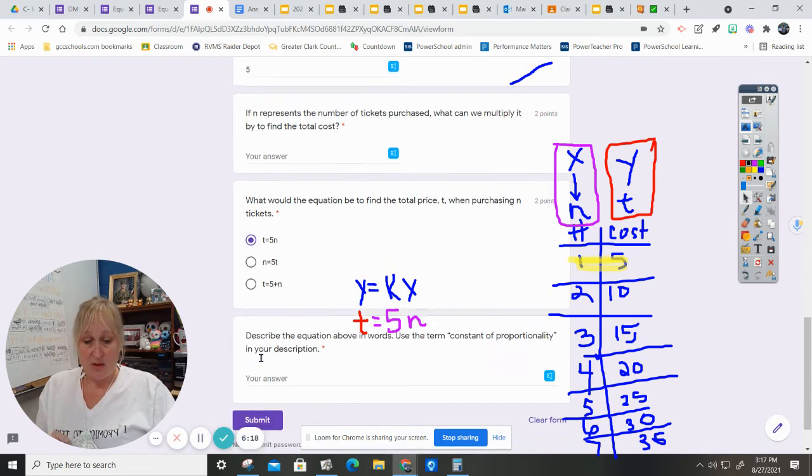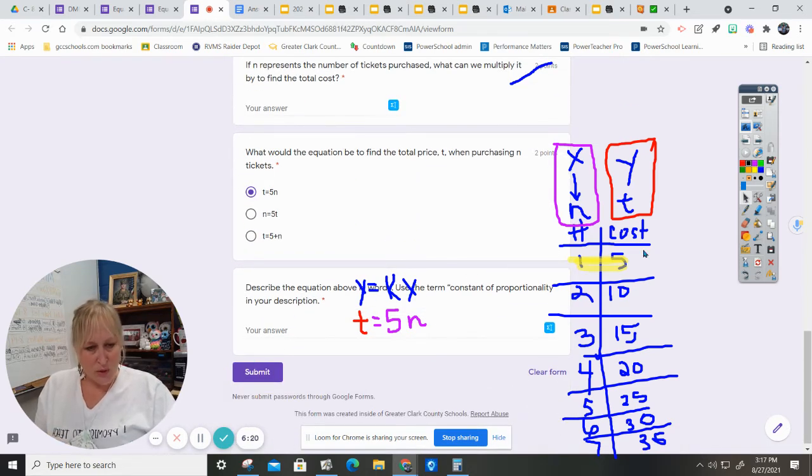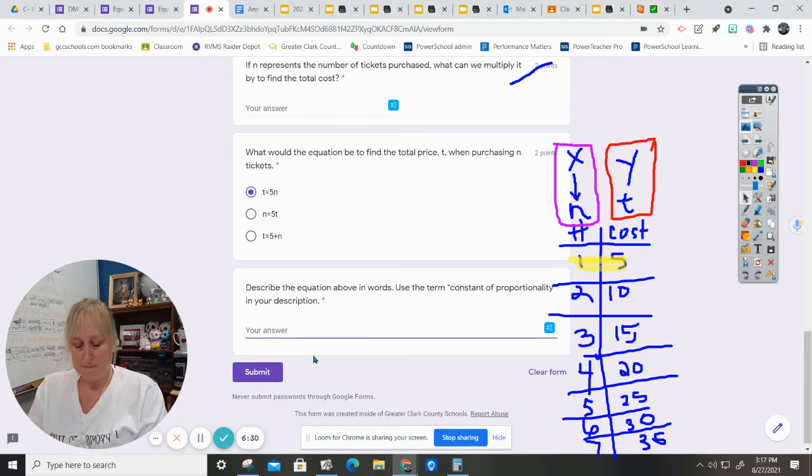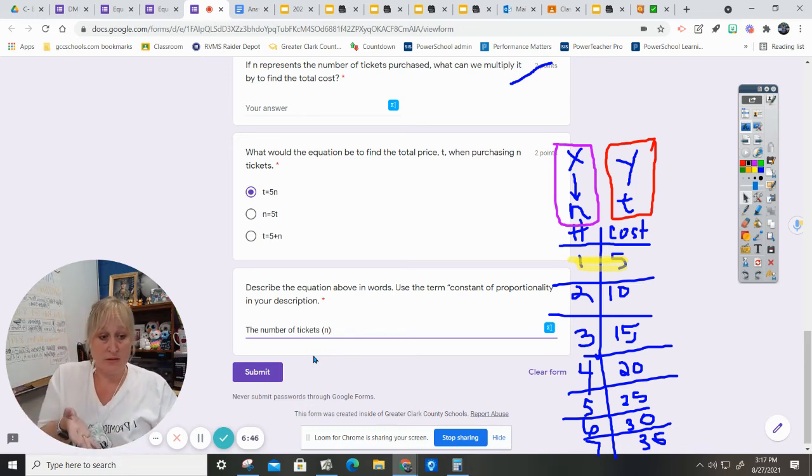Okay. It says describe the equation above and use the word constant of proportionality in your description. Okay, so let's go for it. The number of tickets, which is N, makes sense. Number of tickets N, right?